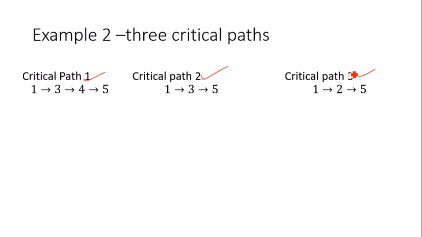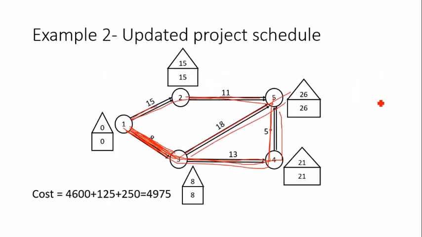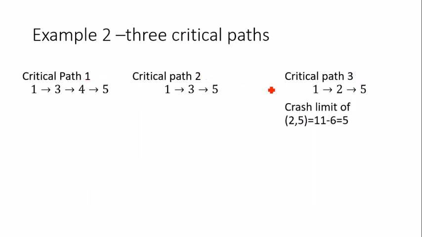For critical path 3, 1 to 2 to 5 has no intersection with the other two paths, so obviously the same process has to be followed. You have to find the minimum slope activity, which is 2 to 5, and find its crash limit.